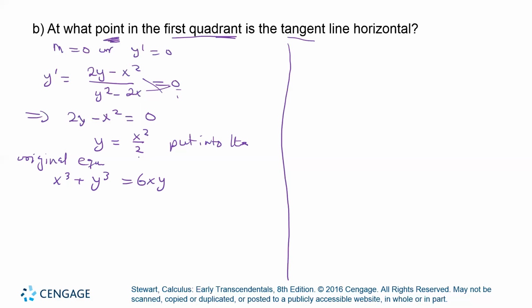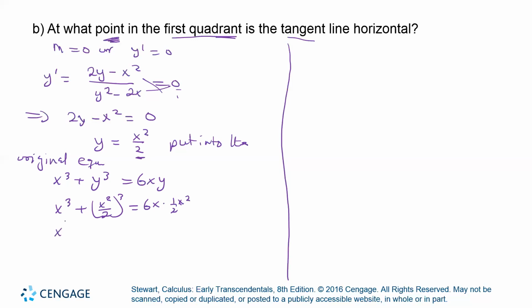So wherever we see y, we're going to put this and solve for x. So we have x cubed plus x squared over 2, all cubed, is equal to 6 times x times 1/2 x squared.